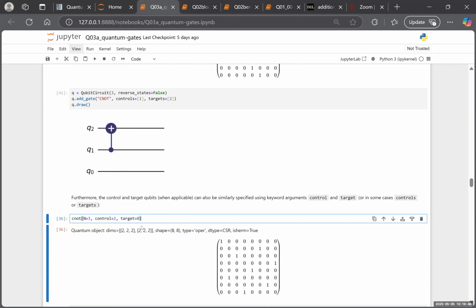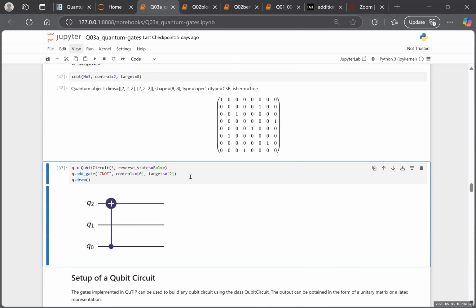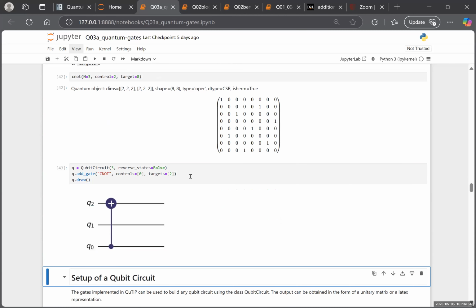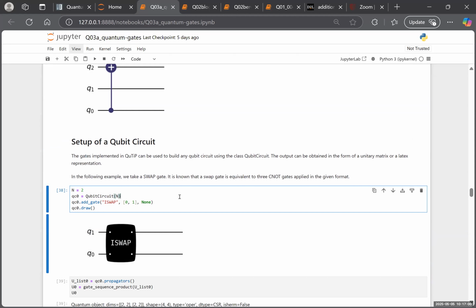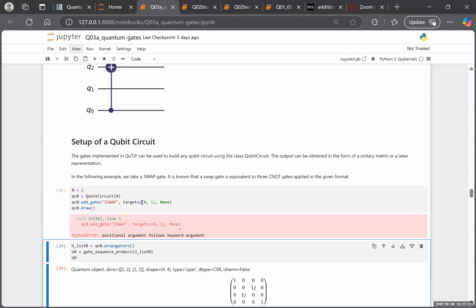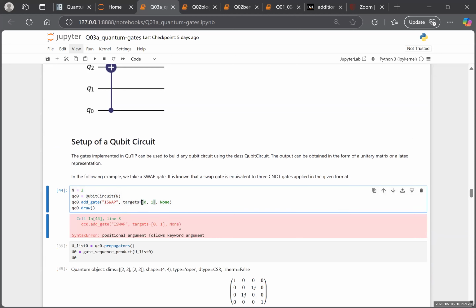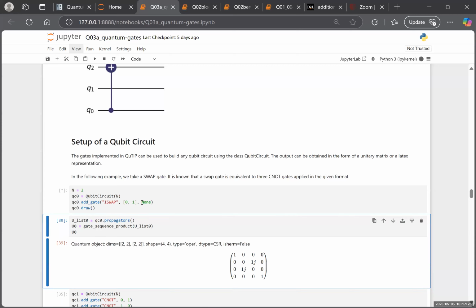This is how you say which one you want to control, target. Okay, this is setting up a circuit, 2 qubit circuit, and you add gate 0, 1. So this is what we targets. Okay, this is the position followed by keyword 0, 1.